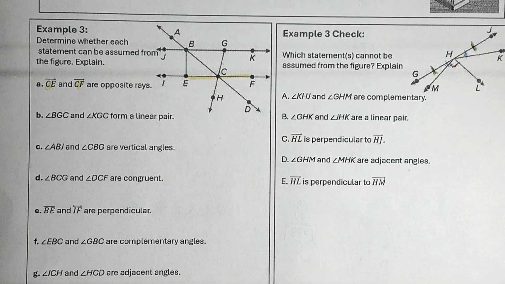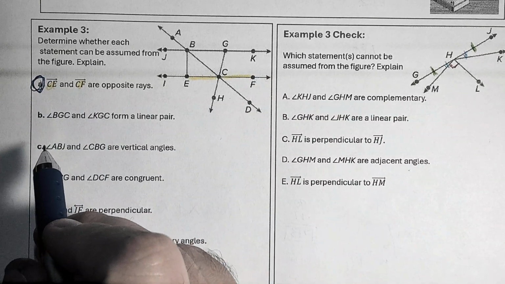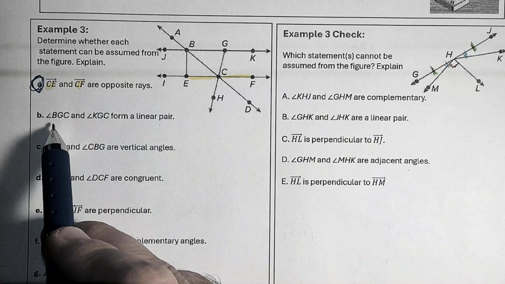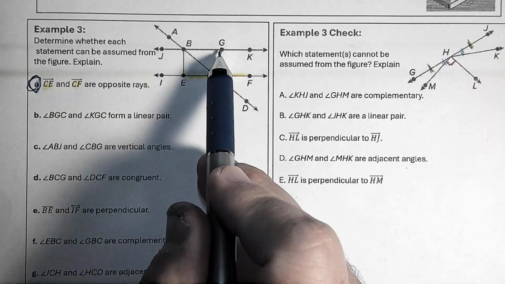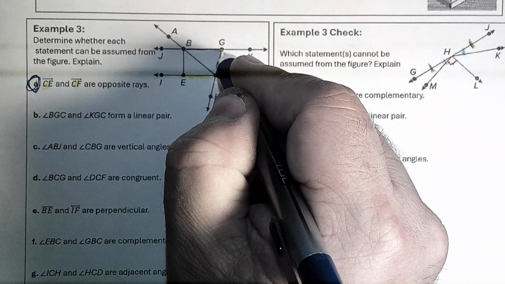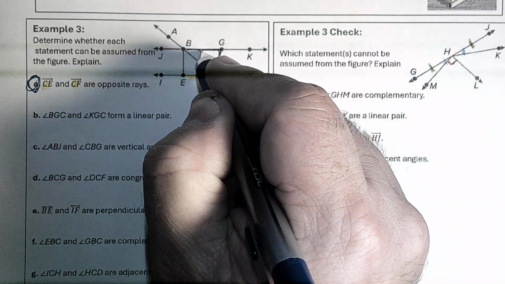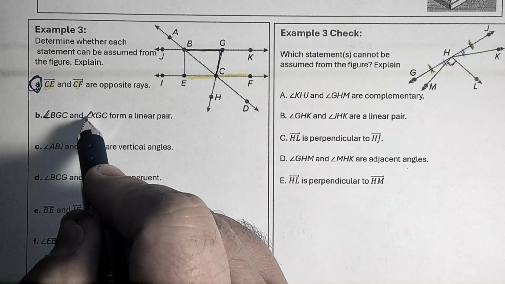So let's just circle this, or you can, we did check marks in class, but circle works. Okay, BGC and KGC.